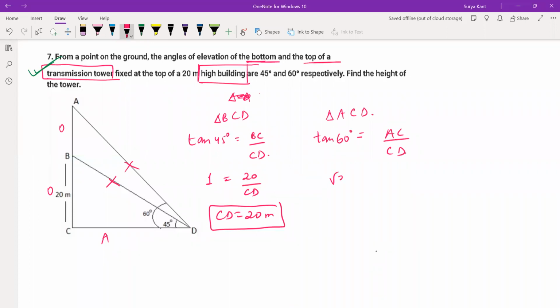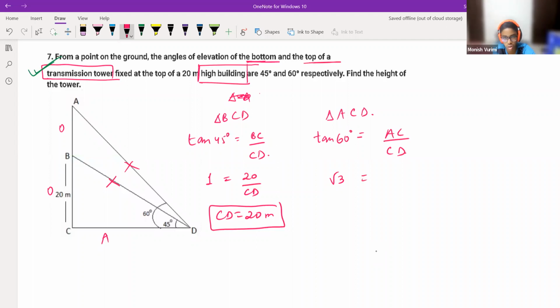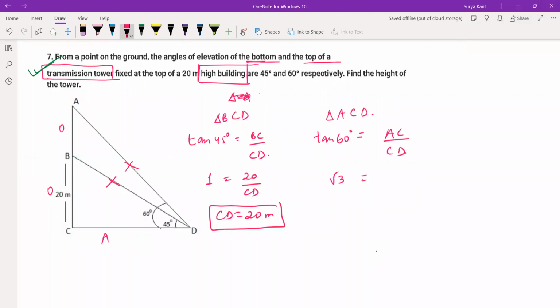So tan 60 is √3. So 20√3 is the answer. AC we can write as AB plus 20, divided by 20. So AB plus 20 is equals to 20√3. So AB is equals to 20√3 minus 20. So 20 is common, √3 minus 1.